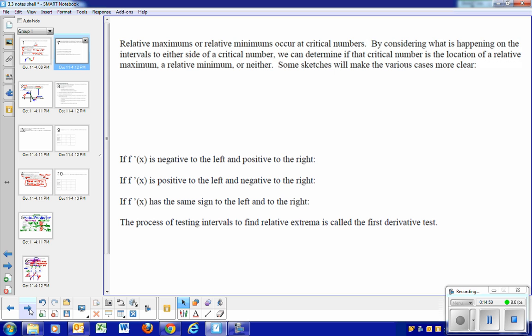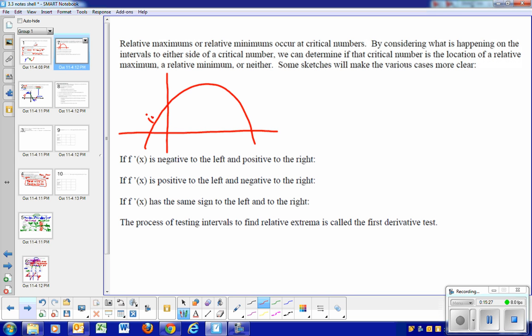Okay, so maxes and mins we have talked about on intervals. When we talked about the extreme value theorem that day, we talked about how extrema occur at critical numbers or at endpoints. We also can think about critical numbers as being where the function changes from negative to positive or positive to negative. So for instance, if we had something that looked like this, this part is increasing, this part is decreasing.